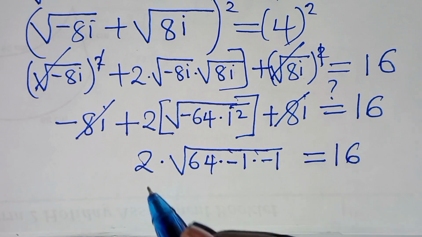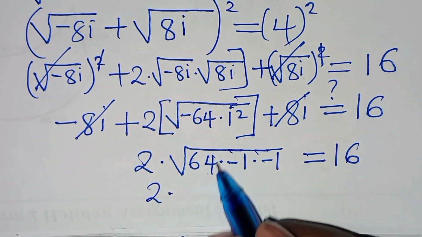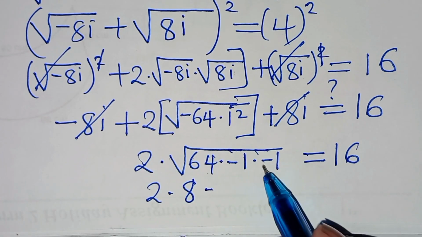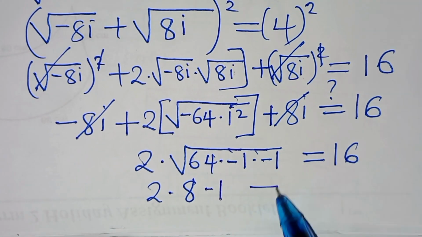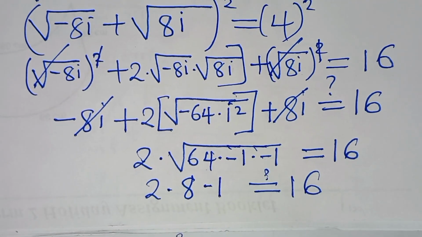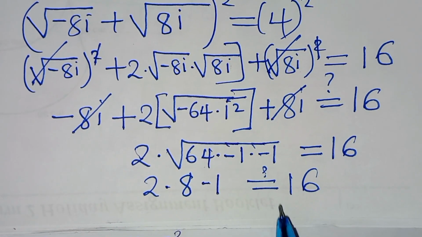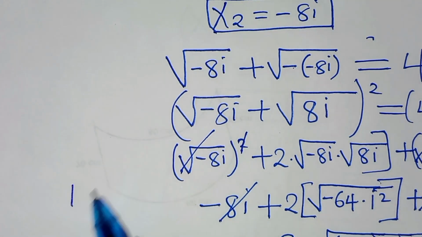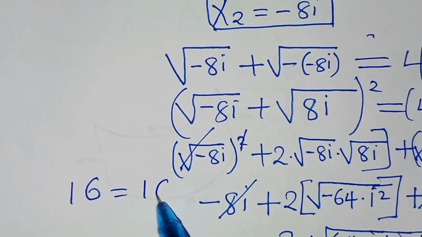So we have 2 times the square root of 64, this is 8, multiplied by minus 1 times minus 1, this is 1. This should give us a value of 16. So it's clear that 2 times 8 is equal to 16. Therefore, here we have 16 is equal to 16.